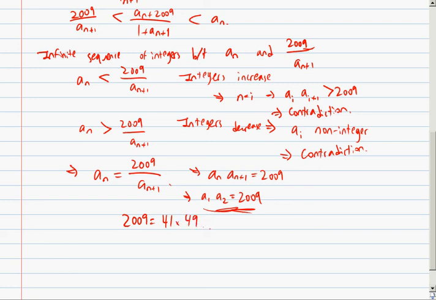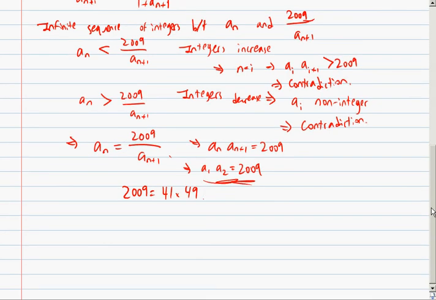And this is the factorization that would lead to the smallest possible sum, because a1 and a2 would be the closest together. So in this case, we would have a1 equal to 41 and a2 equal to 49. And the minimum possible value of a1 plus a2 is just 41 plus 49, giving us a final answer of 90.